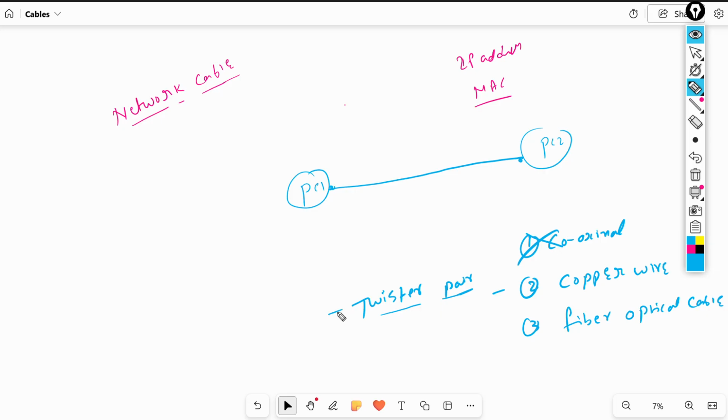In twisted pair again we have two types of cables. One is UTP cable, second is STP cable. UTP stands for unshielded twisted pair.